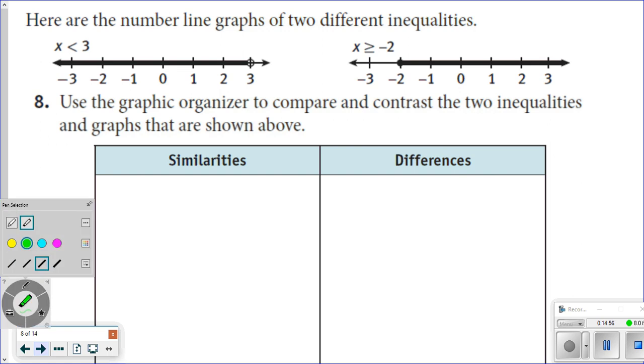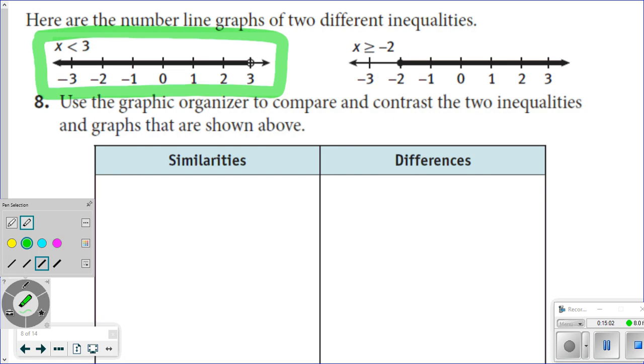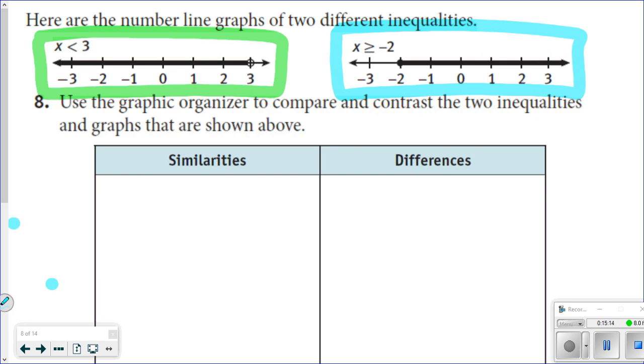This one is x is less than 3, and it's graphed. Then we have x is greater than or equal to -2. So what I would like you to do here is write down the similarities and the differences that you notice between these two things.